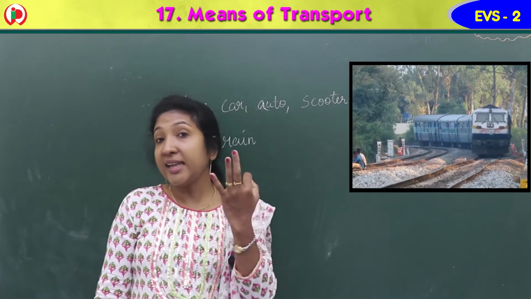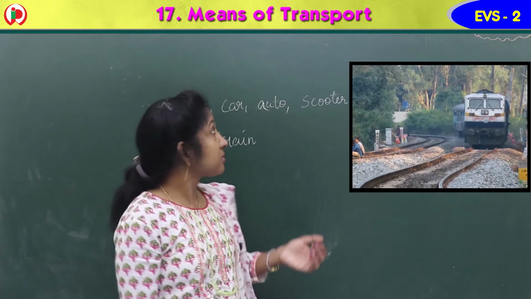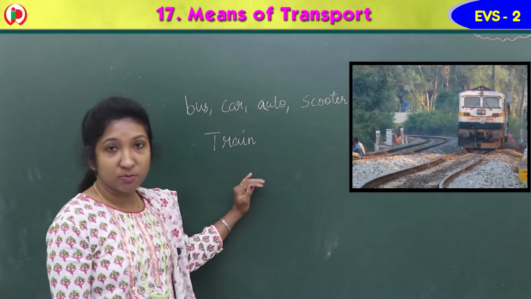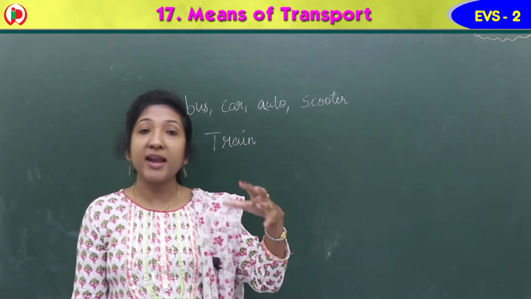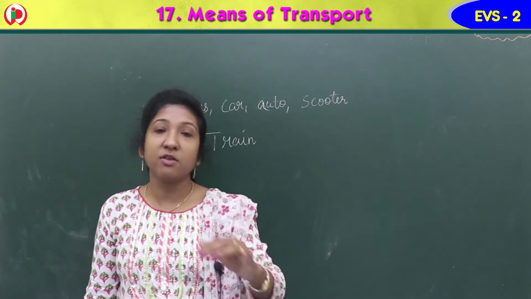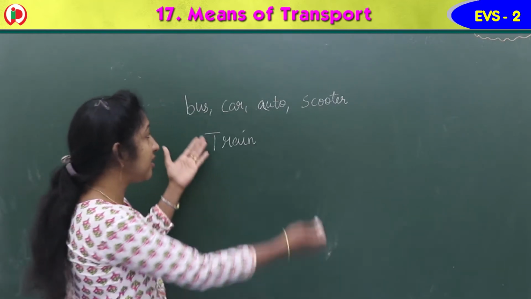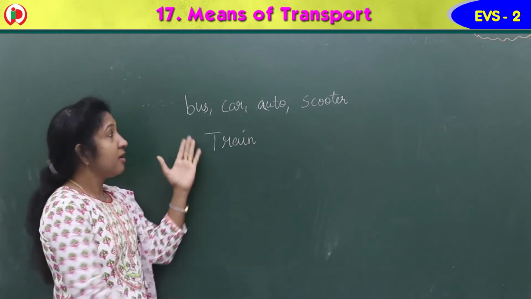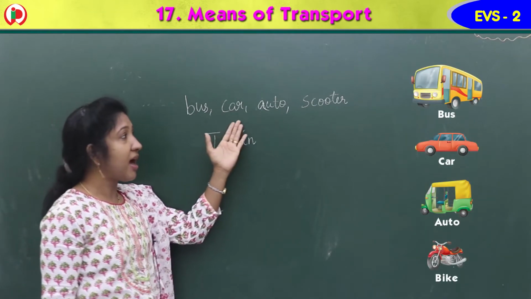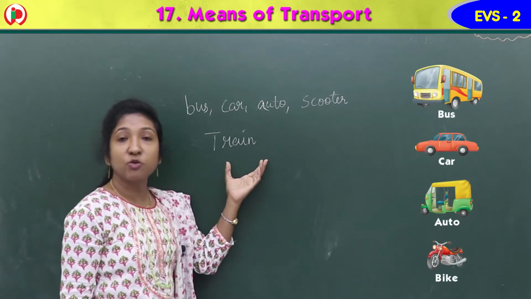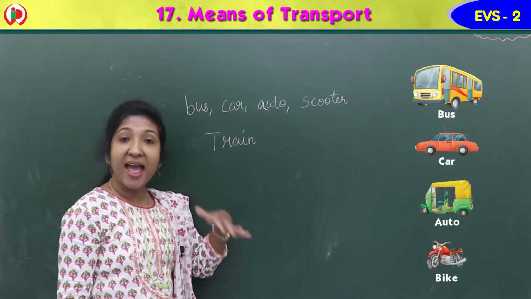So there are three types of transport. Okay. The transport that moves on land or on road. These are the transports that move on road. Bus moves on road. Bus, car, auto, scooter, everything moves on road, or land, we say.